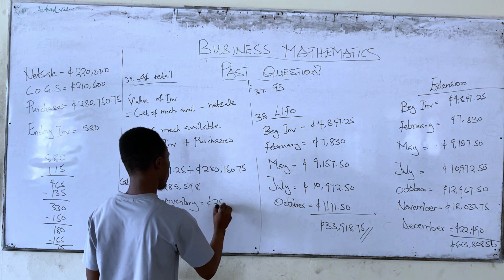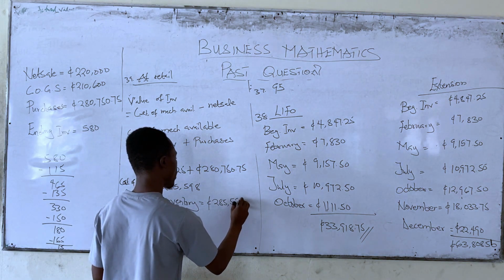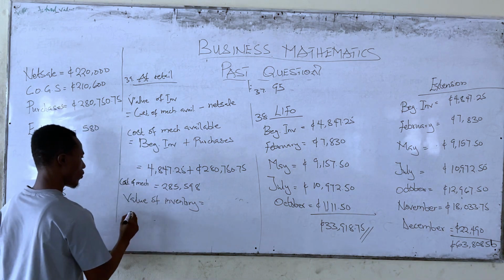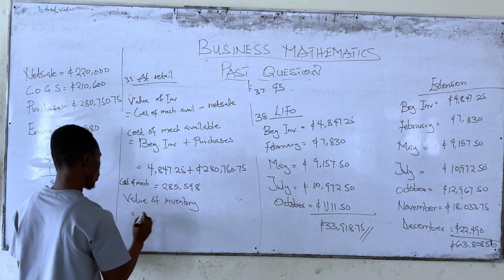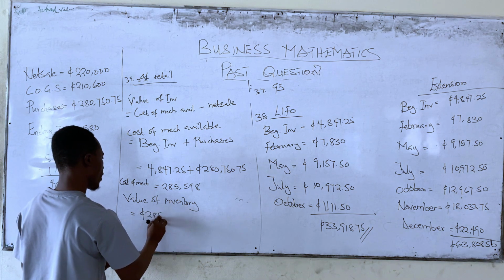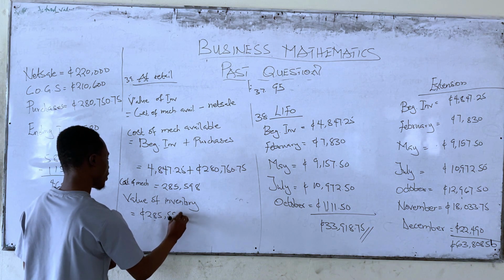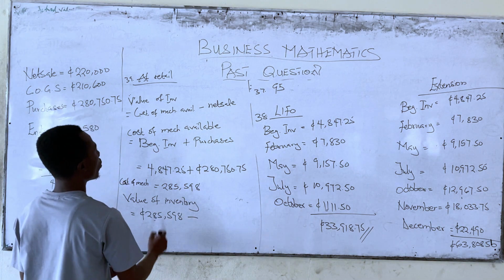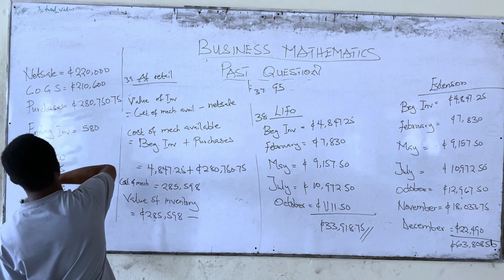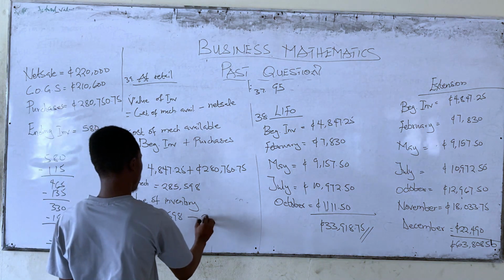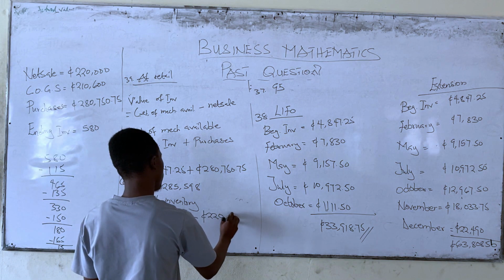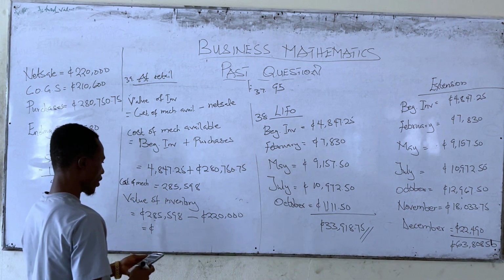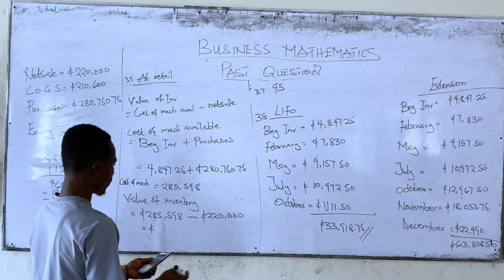So which is 285,598 minus, let me bring it down here, 285,598, that is cost of merchandise available, right, minus your net sale was given in the question, 220,000. So when you solve for this, you are going to get 65,000.